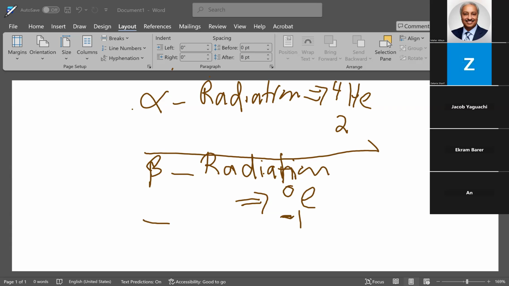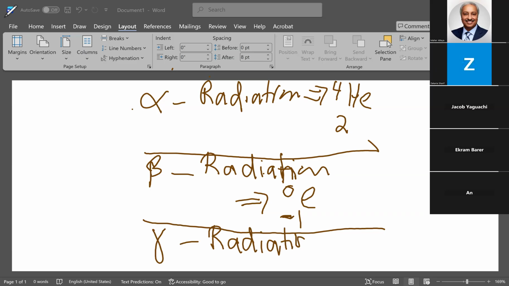Okay, so alpha, beta. Then we have gamma radiation. This gamma here has no mass, and no atomic number either.